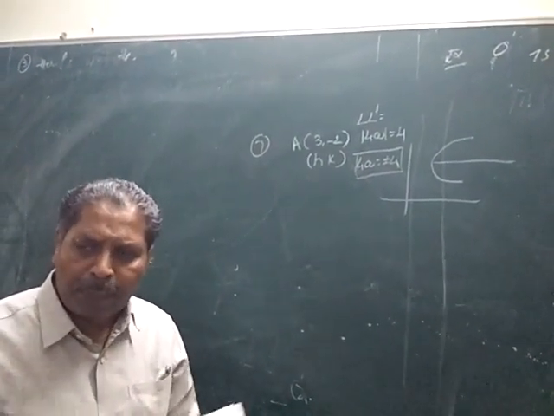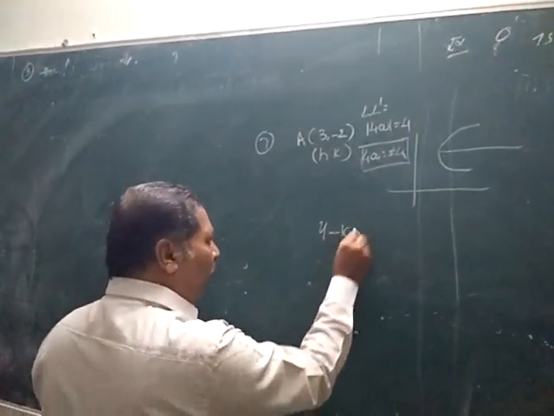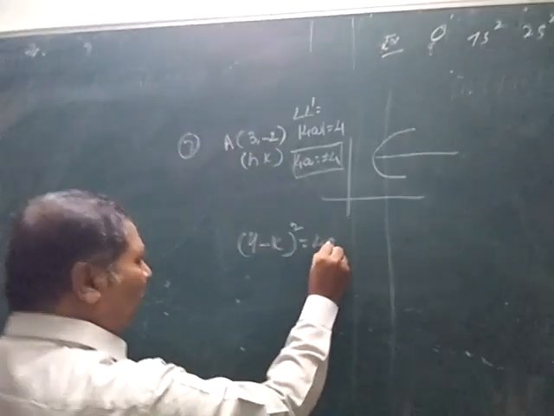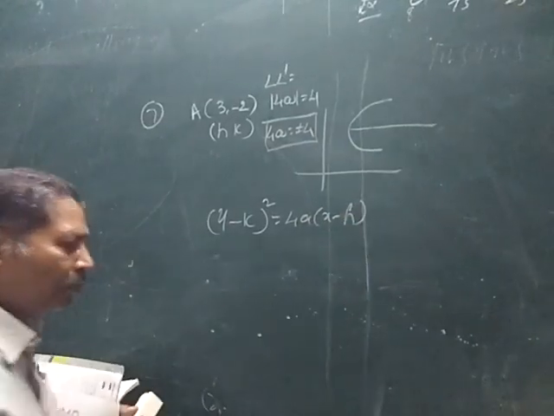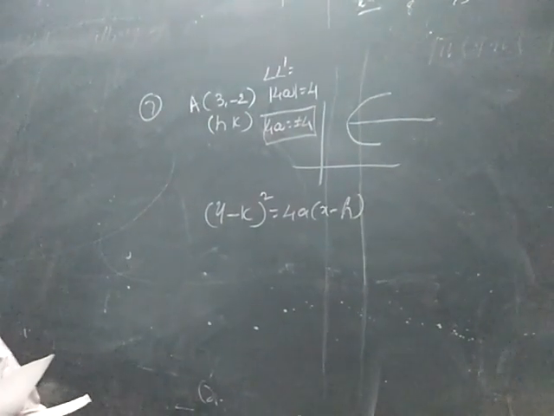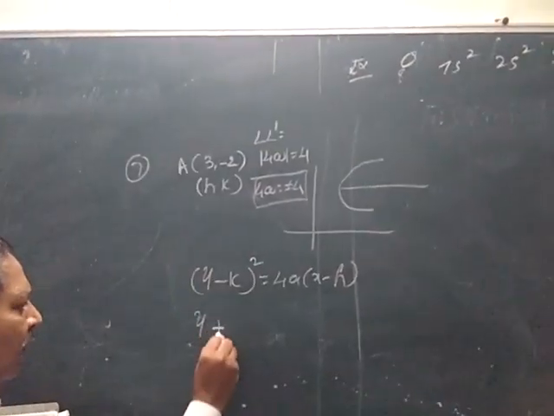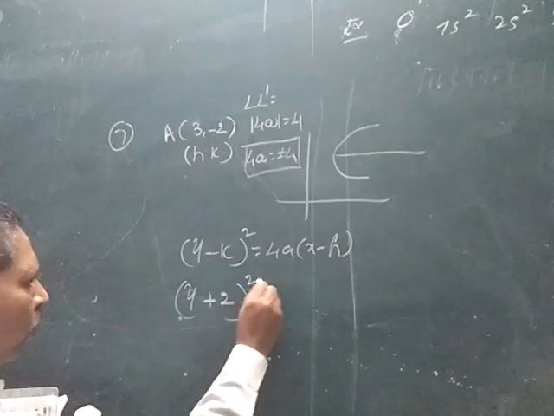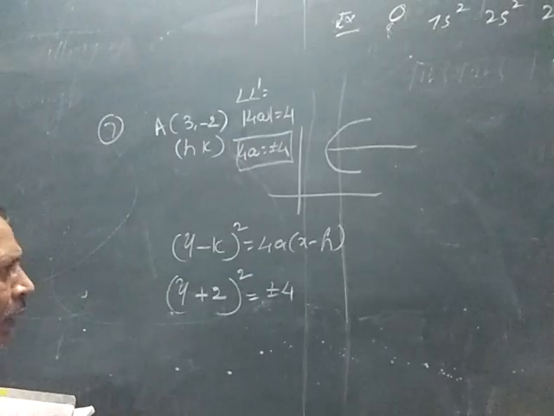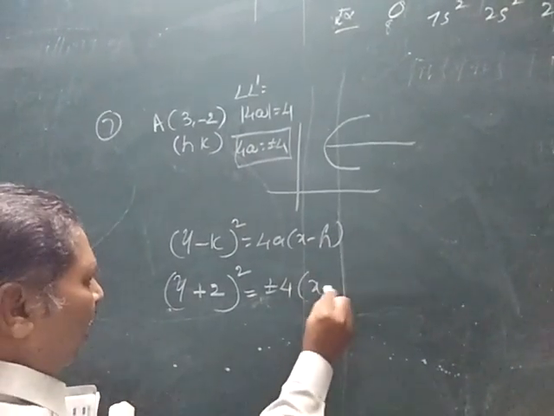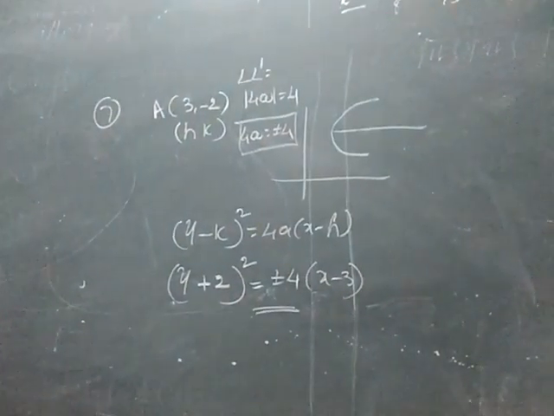Therefore, the parabola equation is: substitute the values. (y minus 2) whole square equals 4a, value plus or minus 4, into (x minus 3).